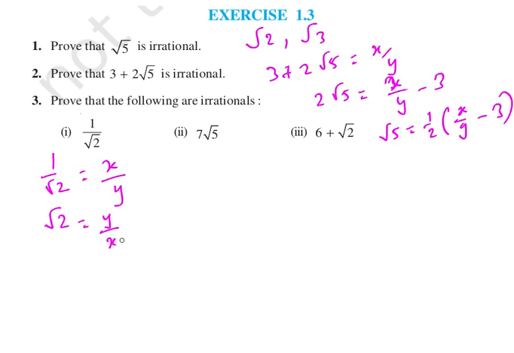So y by x is also a rational number, so we can say root 2 is a rational number, but according to the fundamental theorem of arithmetic, root 2 is an irrational number. So definitely it is wrong. Our assumption is wrong, so 1 by root 2 is not a rational number. So it is an irrational number. So try to solve the problems and learn. Thank you.